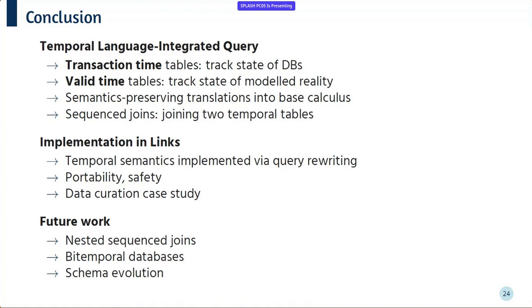The reason is, in the Guide to Pharmacology work that we did, we get such expressiveness and such good performance results, in terms of query count in particular, because we make extensive use of nested queries. Now, it would be nice to just treat everything as a transaction time table, but because we can't do the nested sequence joins, that's a big barrier.